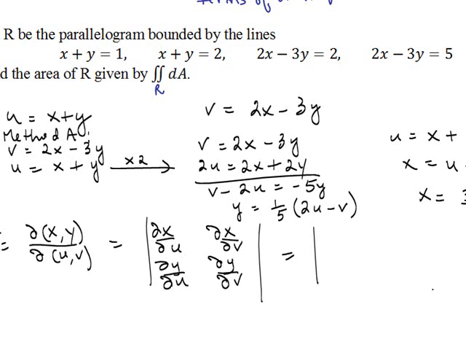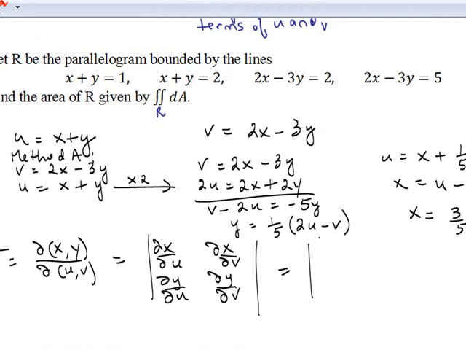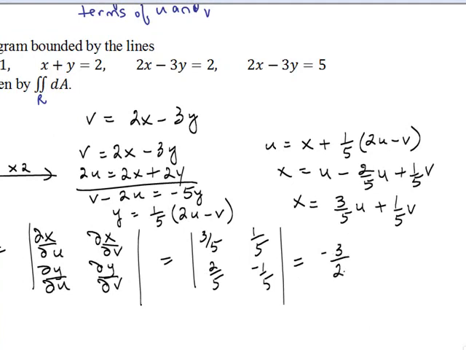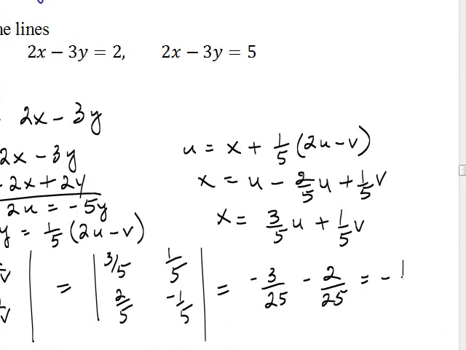What is partial x partial u, please? 3/5. Partial x partial v? 1/5. Partial y partial u? 2/5. Partial y partial v? Negative 1/5. Okay, what's that? Minus 3 over 25 minus 2 over 25, which is minus 1/5. Okay?